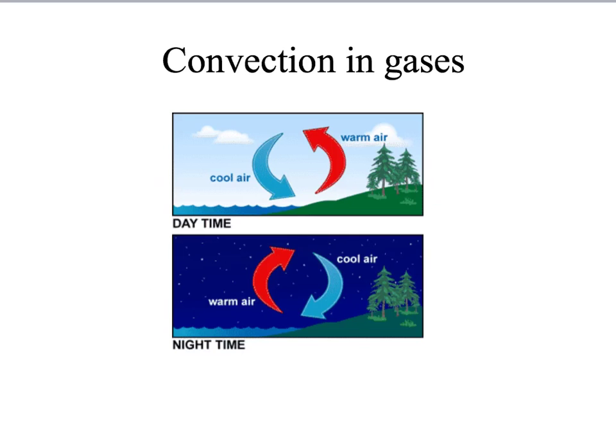So if you've ever been to a beach town, you may have noticed that there's always a certain breeze that flows from the sea into the land. So why does this happen? Well, this happens because of convection. Normally, during the day, the ground is really hot because it's been heated up by the sun.